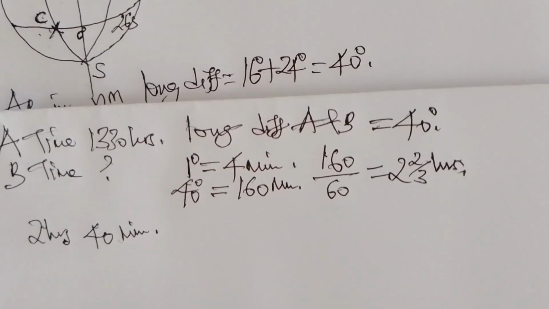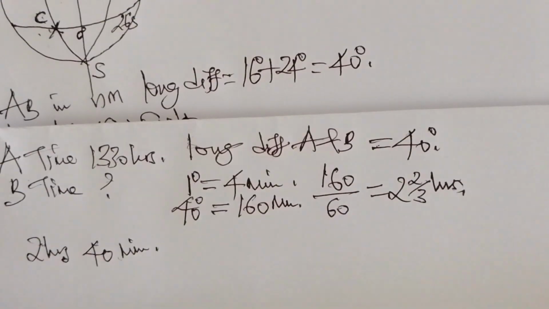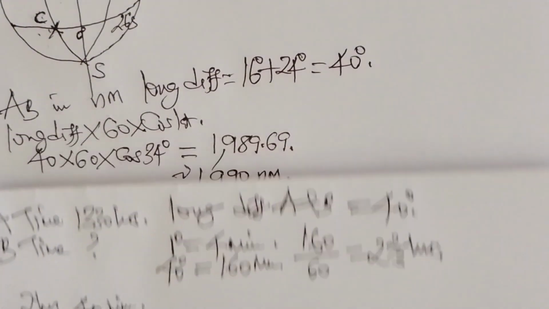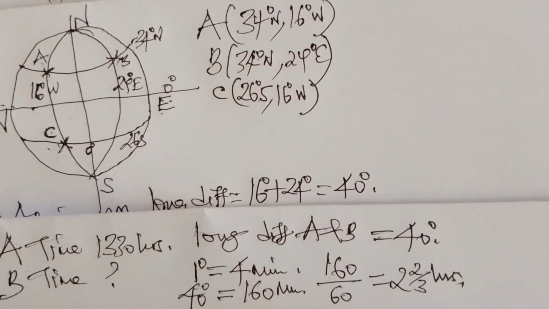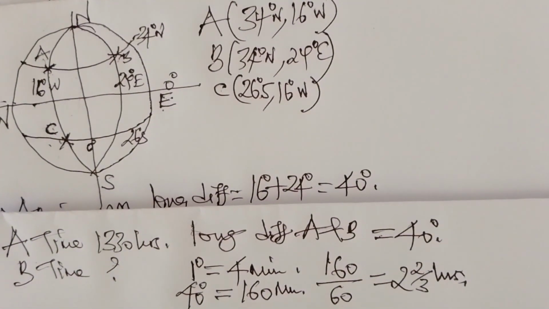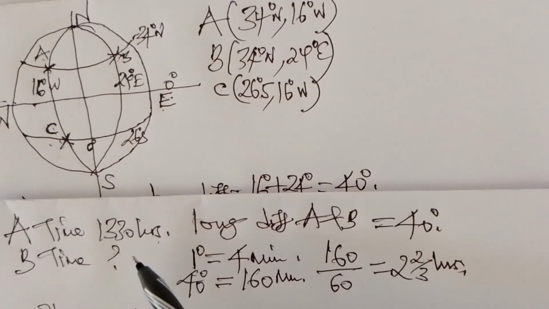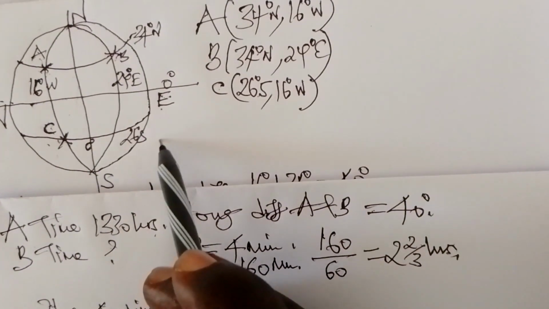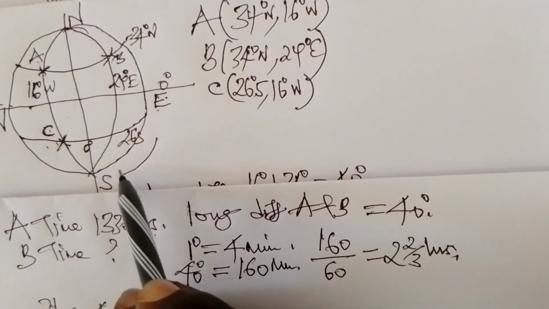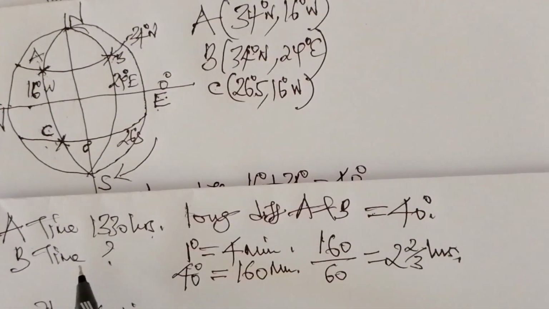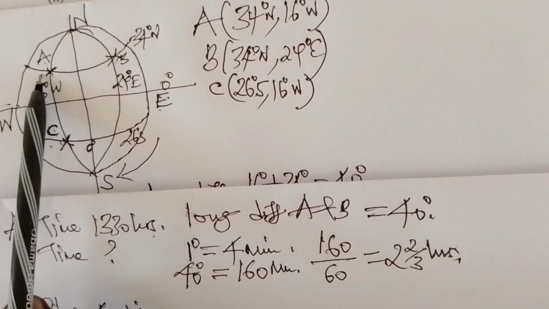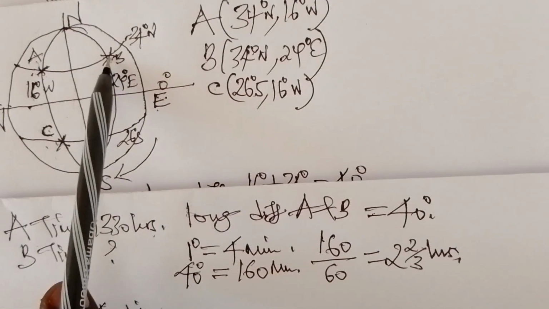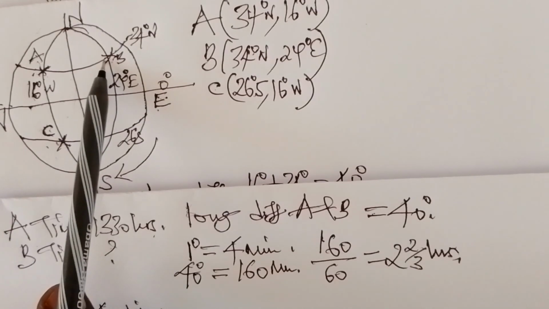So, with the concept of time, since we know that the Earth rotates in a west-eastward direction, if it is 13:30 hours at A, then at B they are behind time.